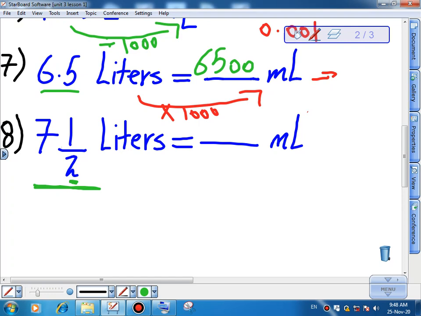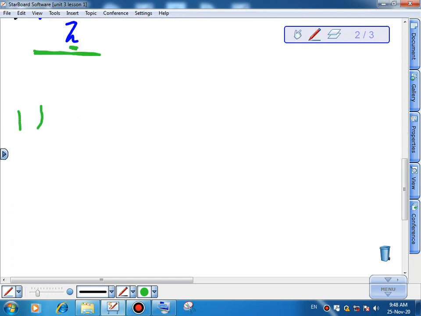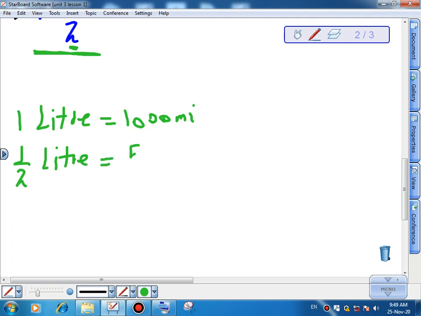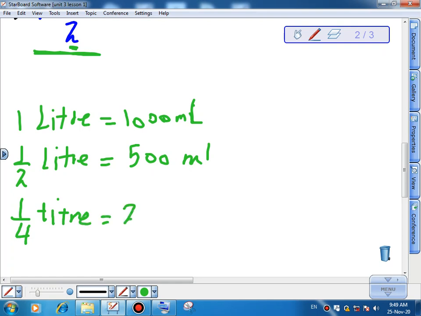First, if I need to get 1 liter, I have 1,000 milliliter. But if I need to get a half of liter, we will get 500 milliliter. If I need to get 1/4 of liter, we will get 250 milliliter.